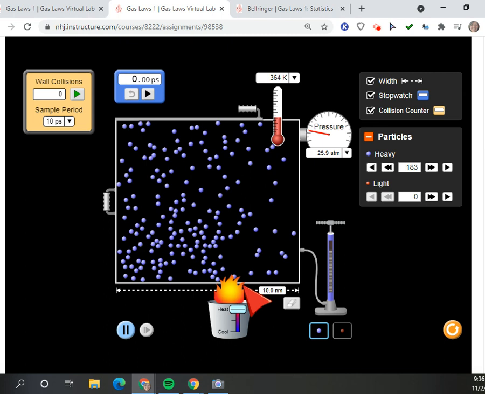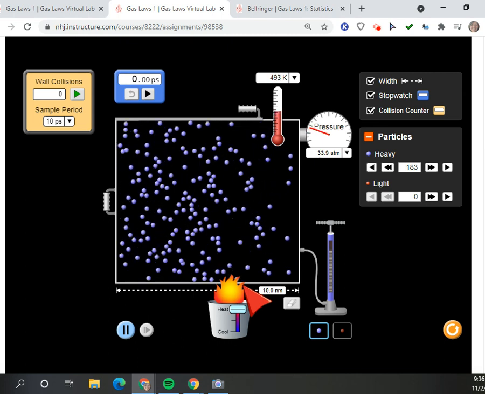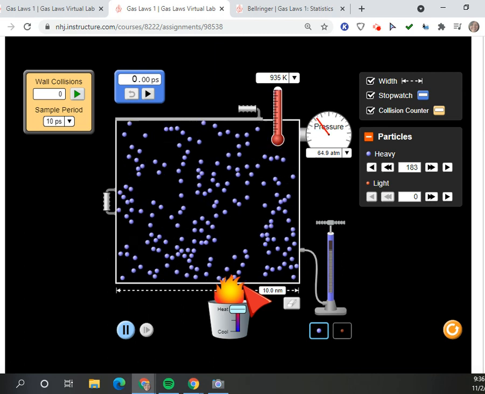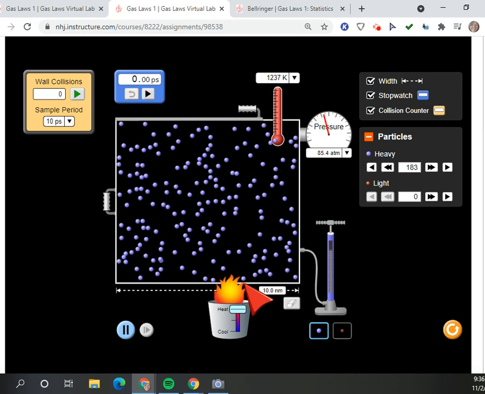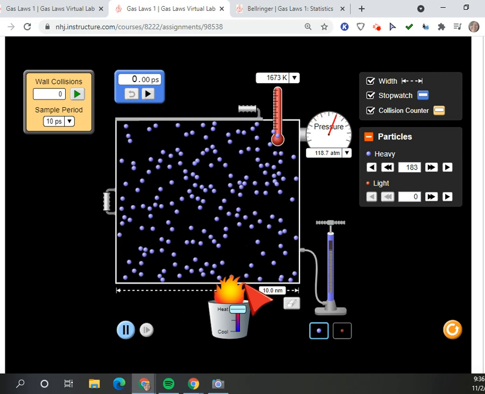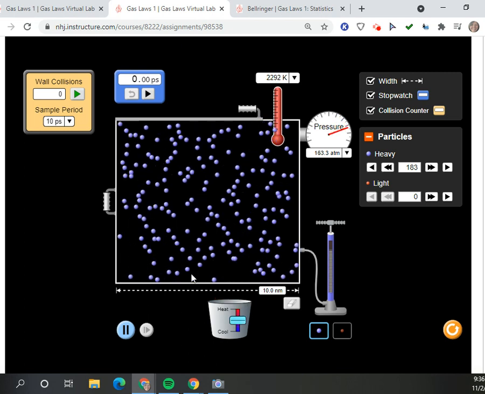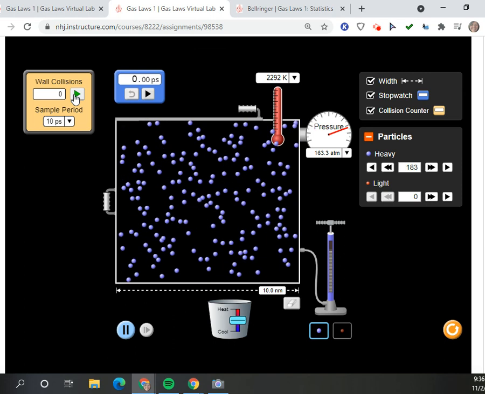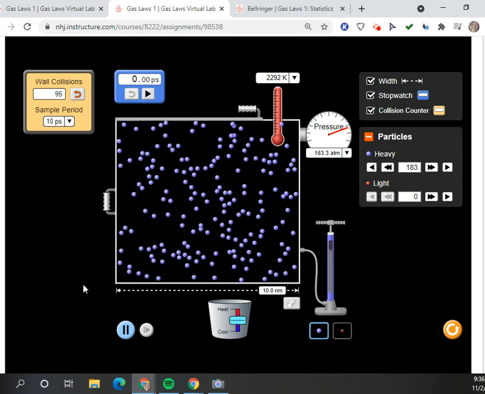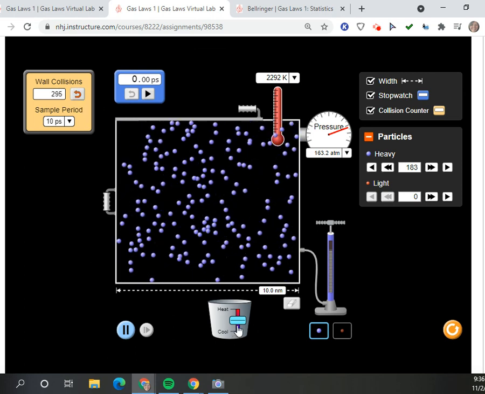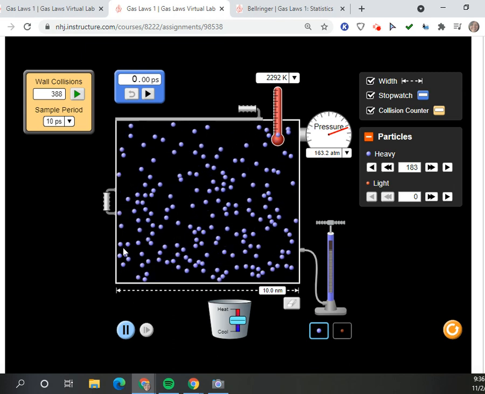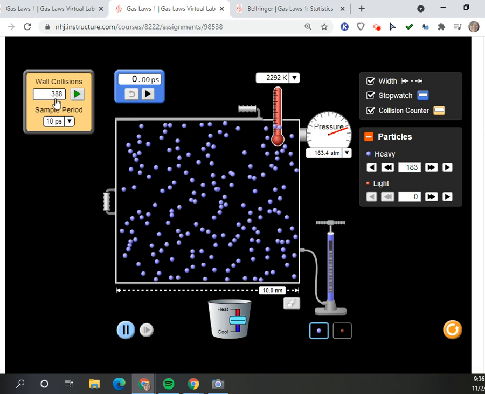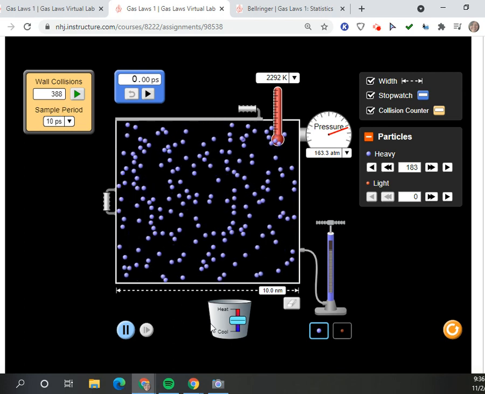When I heat gas molecules, look at this. Look at the speed. What happens to the speed of those molecules? We could even, if we started to count the wall collisions for the sample period is picoseconds, 388 wall collisions.